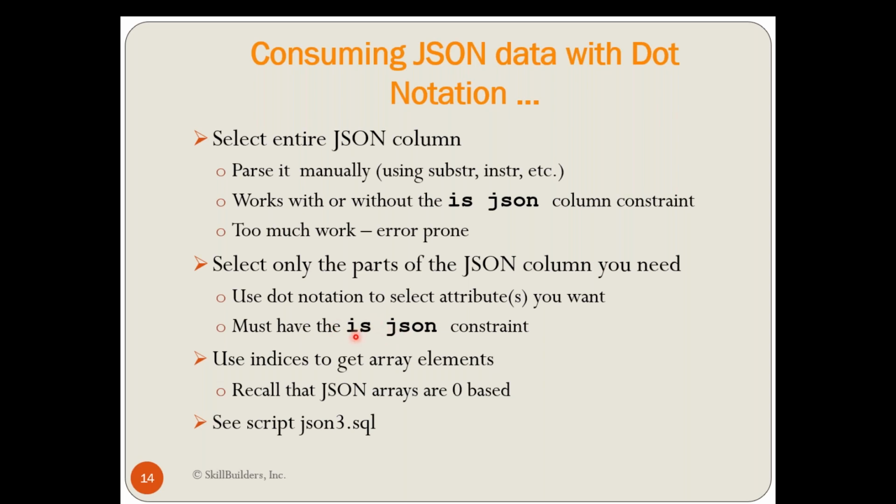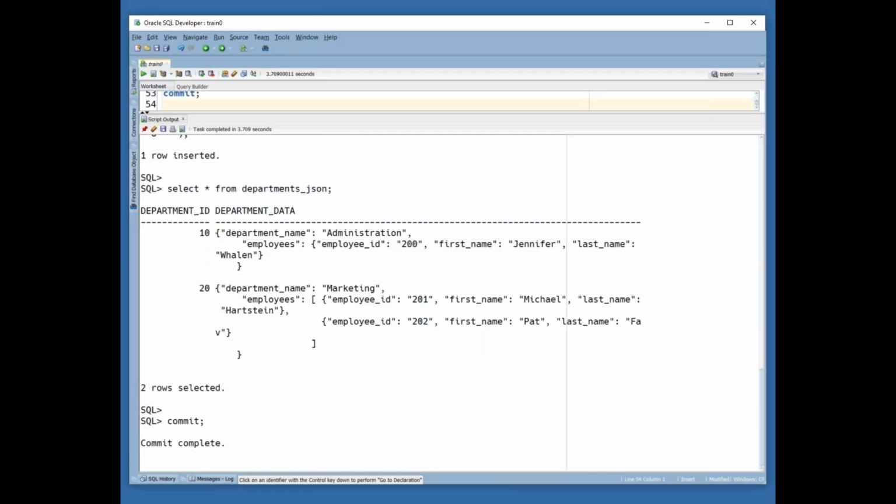When you use dot notation and drill down, you're going to get to a point where you're in arrays. You're going to index into the arrays with the index number, and remember that they're zero based. So let's look at our script here, JSON3.SQL, and demonstrate how that is done for you.